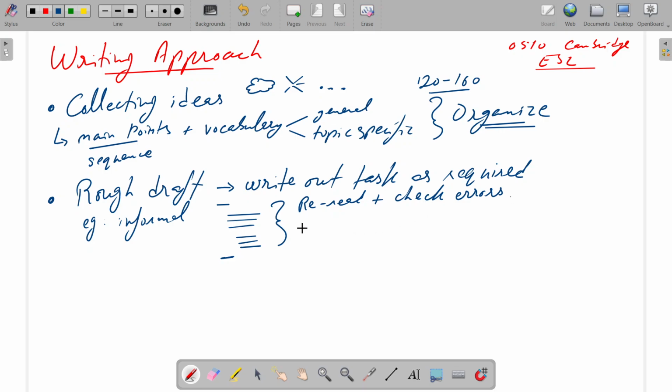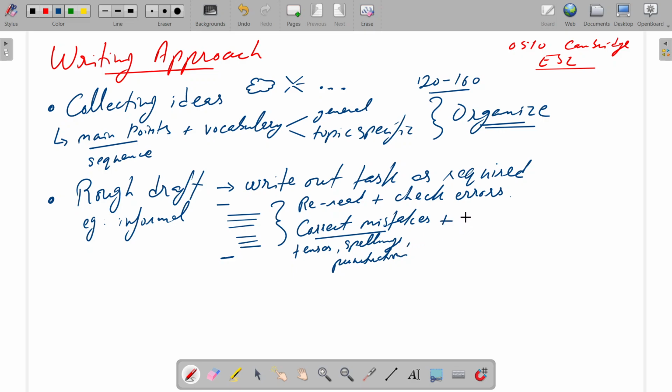And you're going to correct mistakes, and mistakes aren't the only thing you're going to look for, but as far as correcting mistakes are concerned, you're going to look at your tenses, your spellings, your punctuation, and your organization.